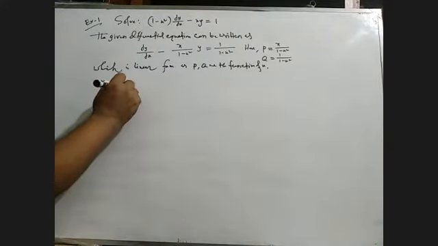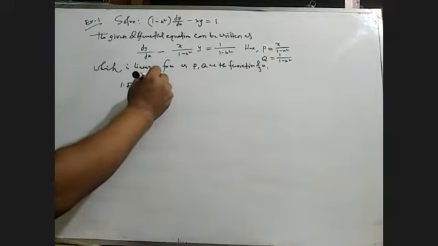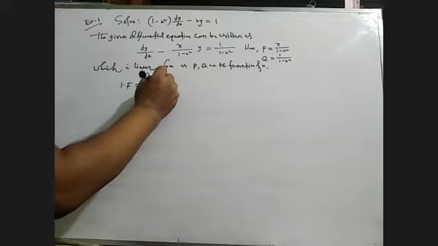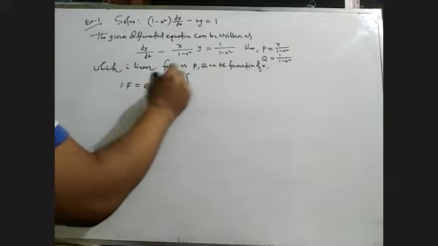Now what will be the integrating factor? Integrating factor will be e to the power integral of P dx. Here P equals minus x divided by 1 minus x square, dx.